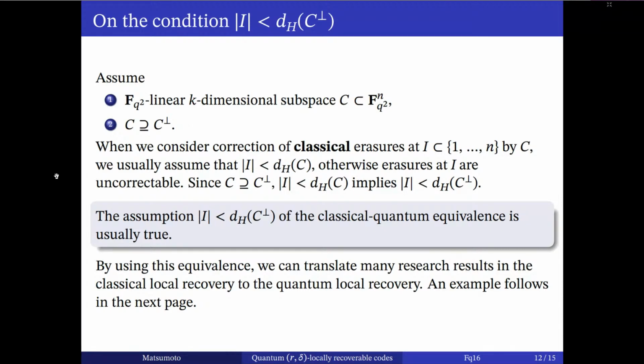So this condition implies the number of erasures is less than the minimum Hamming distance of C-perp. So our assumption of classical-quantum equivalence is almost always true. By using this equivalence, we can translate many research results in classical local recovery to quantum local recovery with no effort. And I will show some examples.